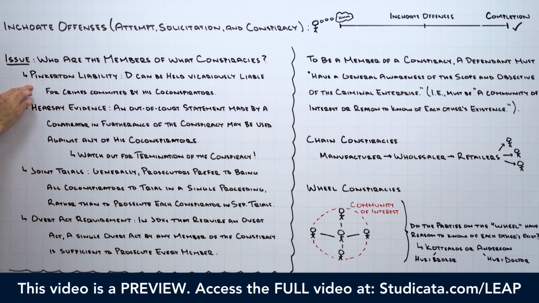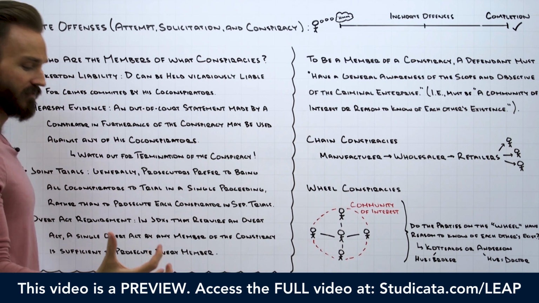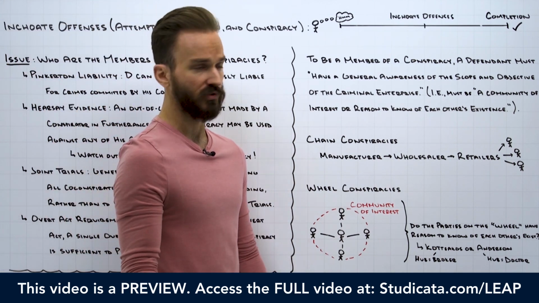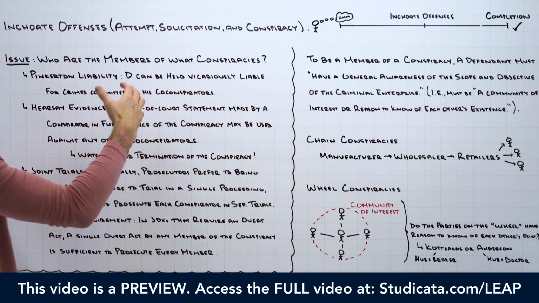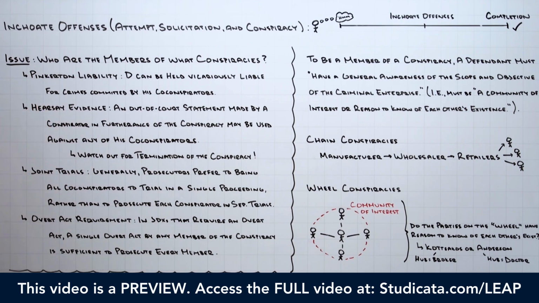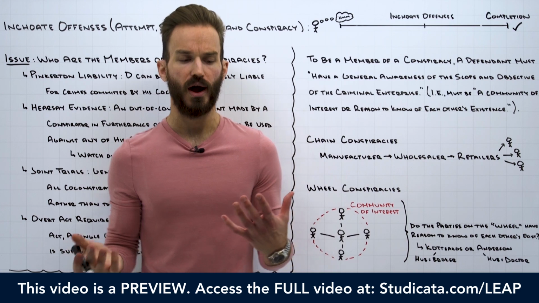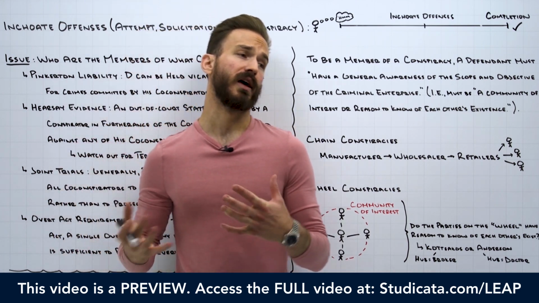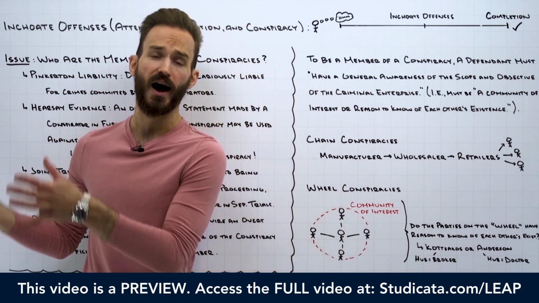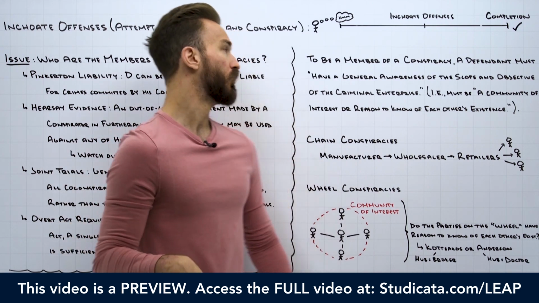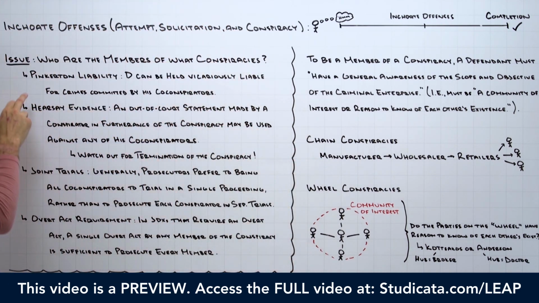But we can recognize for now that this is a pretty serious deal for a defendant in a criminal conspiracy, right? Defendants can be held vicariously liable for crimes committed by his co-conspirators, right? So long as those crimes are committed in a manner that's foreseeable in furtherance of the conspiracy, right? We say the defendant can be held vicariously liable for those crimes.